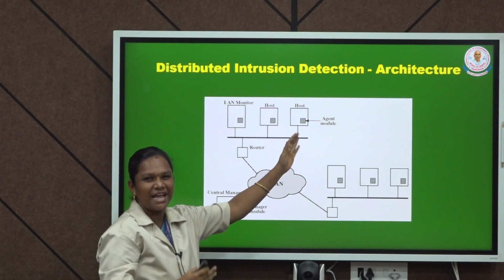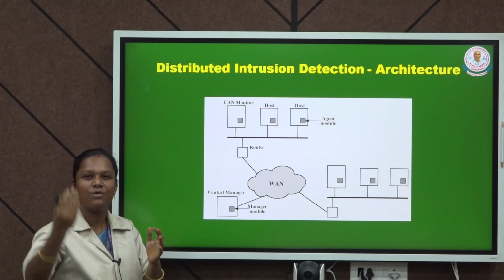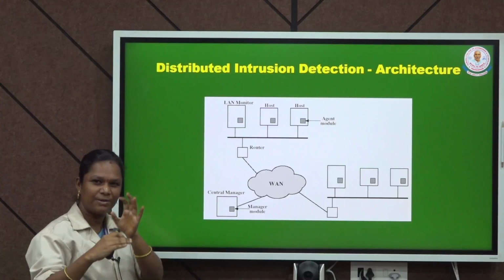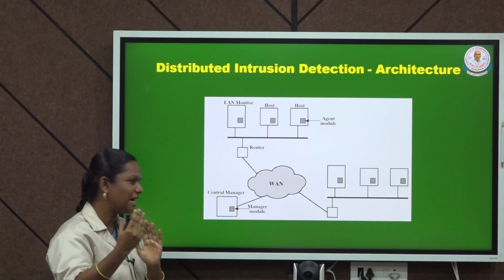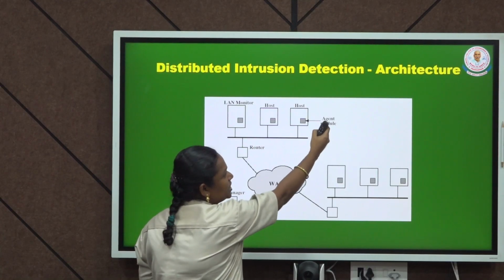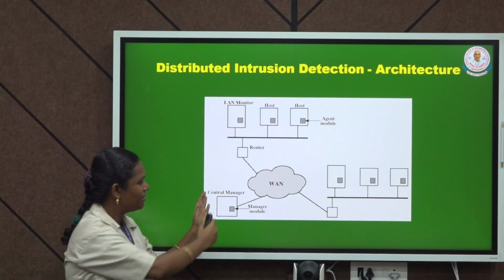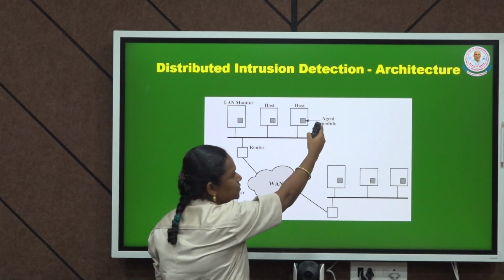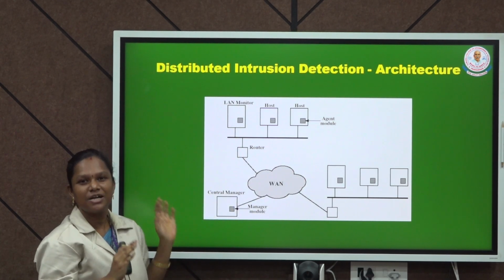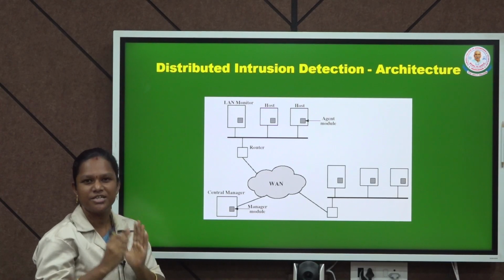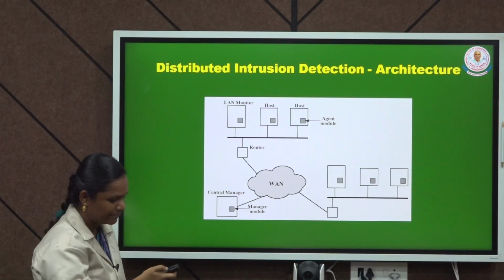Every agent module sends a query to the WAN manager module. The manager analyzes everything, retrieves the query, and finally updates the query response to the agent module. Every time they send a query to the manager module, the manager sends the response to the agent. This is the distributed intrusion detection system, because they are involved in coordination and cooperation. They are also involved in the intrusion detection system.